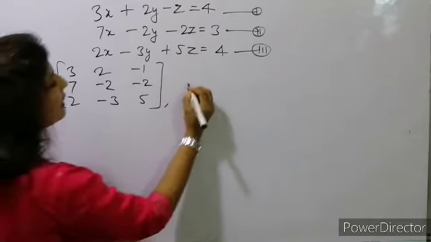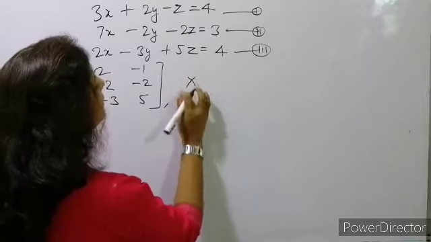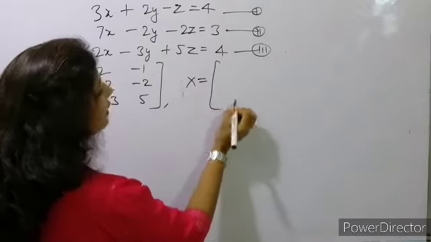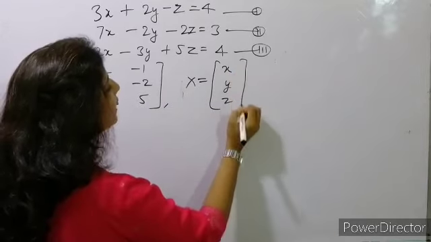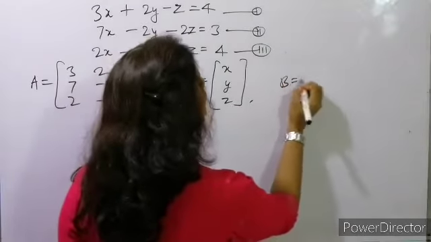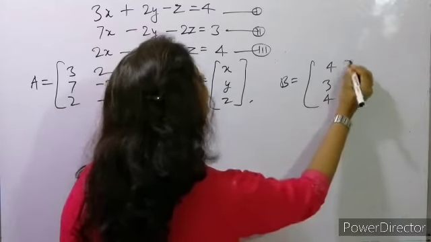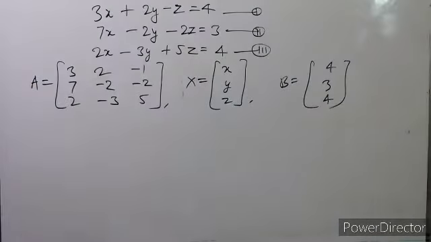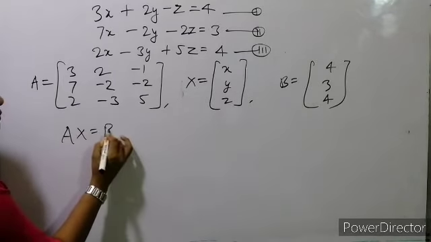This will be the value of A. Now what will be the value of X? X will be equal to, there are three variables, so x, y, z, and B will be equal to 4, 3, 4. And the matrix equation will be AX = B.